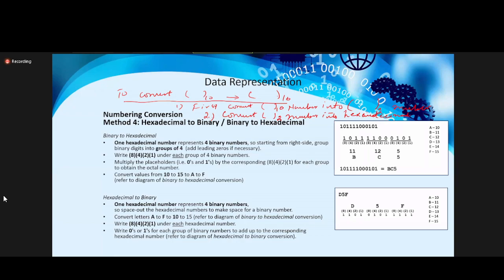Conversion between hexa and binary and octal and binary is easier.